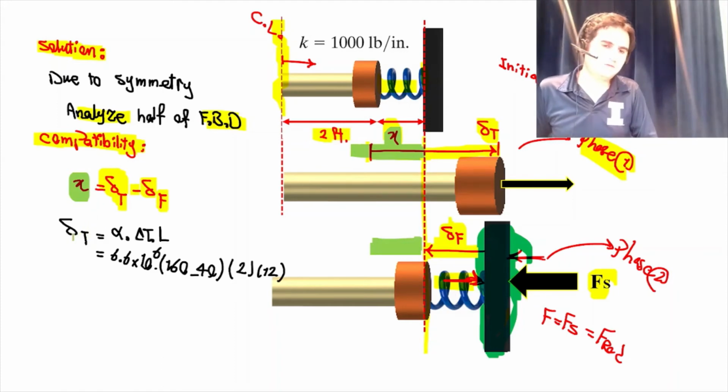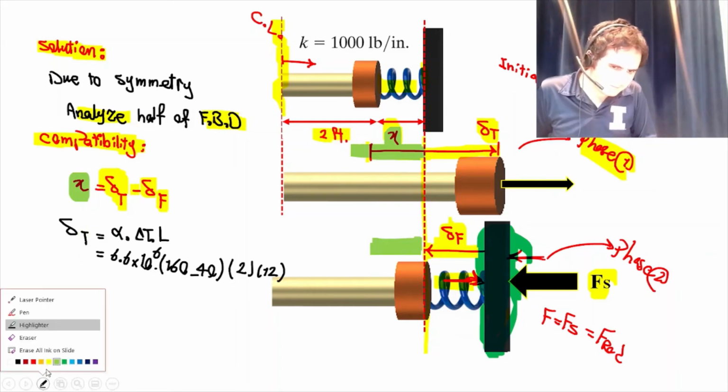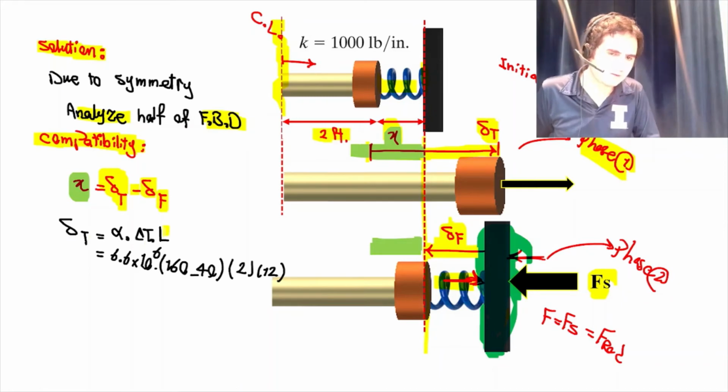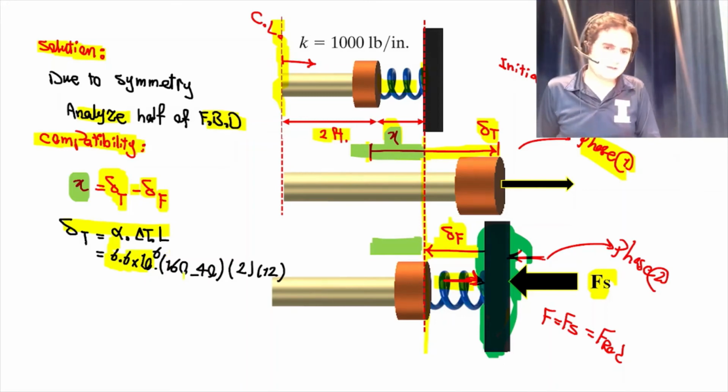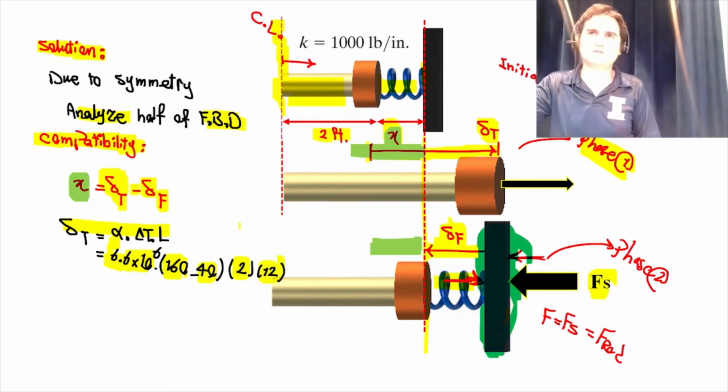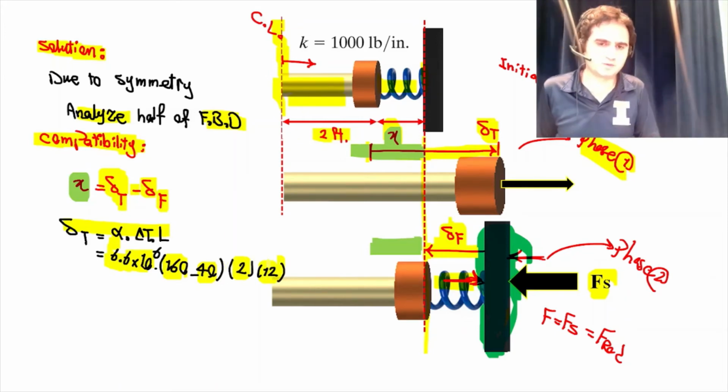Delta T is equal to alpha times delta T times the length of the bar, so we replace the numeric value of the thermal expansion coefficient times the temperature rise from 40 to 160 degrees, times 2 feet, half of the length of the rod, times the conversion of feet to inches: each foot is 12 inches.